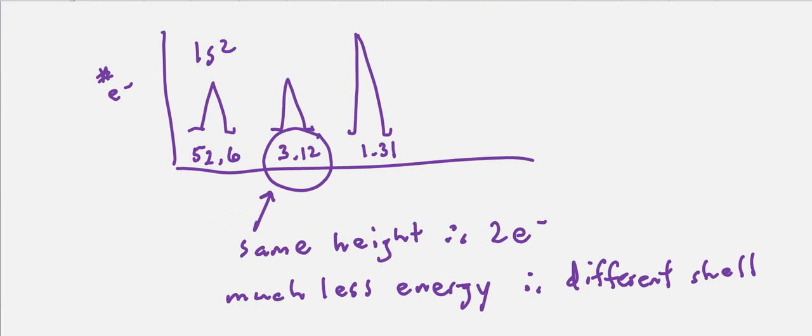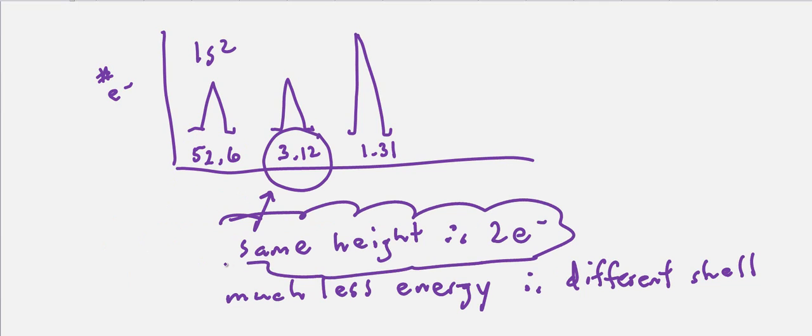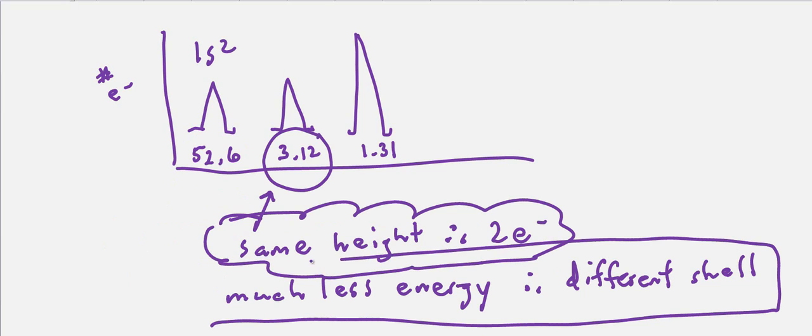Our next peak we see has the same height as the first one, so therefore it's 2 electrons represented, but we have much less energy, 3.12 compared to 52.6. That's telling us we're in a different shell now for this particular atom. This would be our 2s2 electrons.